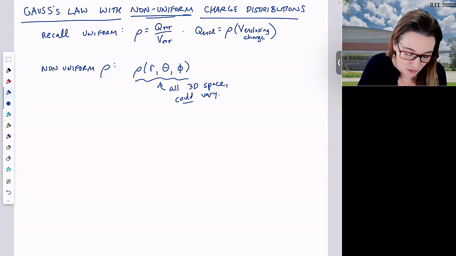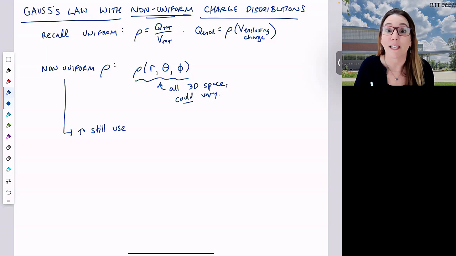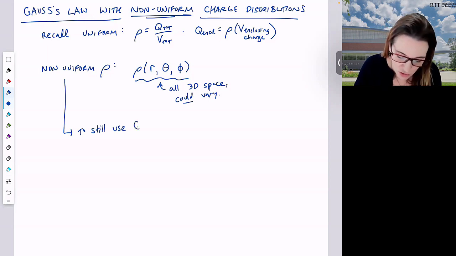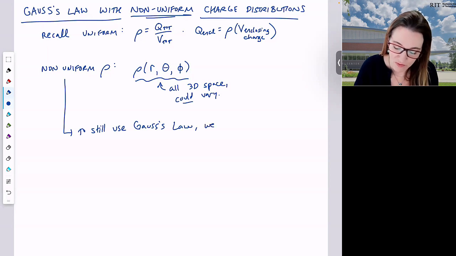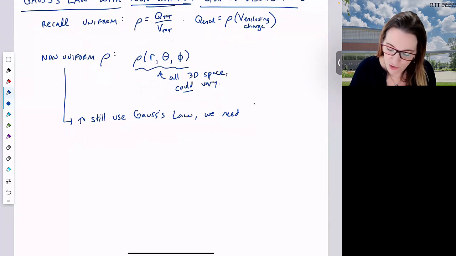But not for us, because, not that Gauss's law wouldn't apply, but again, remember, we're only doing it when we have nice symmetry. So to still use Gauss's law, we need angular symmetry. I'm just going to summarize both of those angles by calling it angular symmetry.